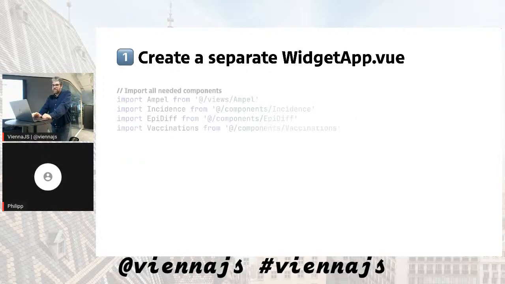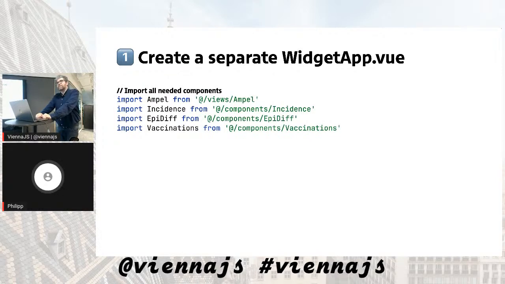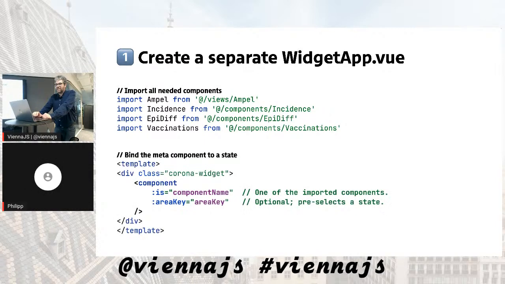In this separate widget app view, we first import all of our 67 components and then make them available in the template with the component meta component. And the interesting thing is, you can just specify as many properties as you want next to the is property.